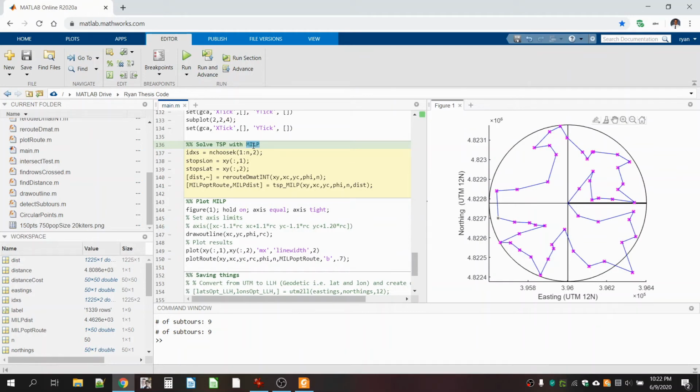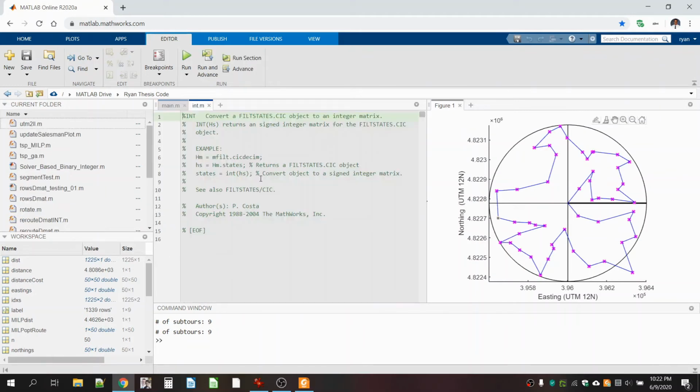So same concept, you're going to generate a cost function, but the formatting and just what each thing is called is a little different. So I've split my northings and eastings in these two lines into two different column vectors. And I use reroute dmat just like I did before, but I have this function called int.